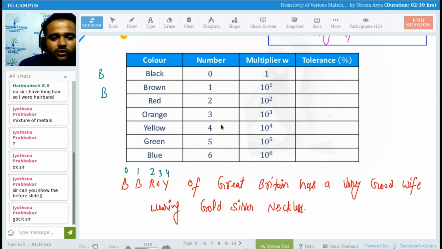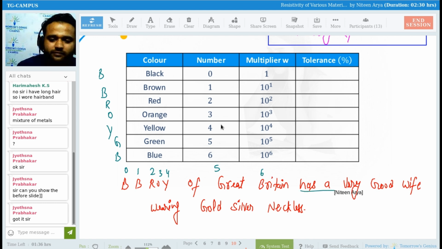Then R stands for red, O stands for orange, Y stands for yellow. G stands for green, the fifth number, and Britain, blue, is the sixth number.